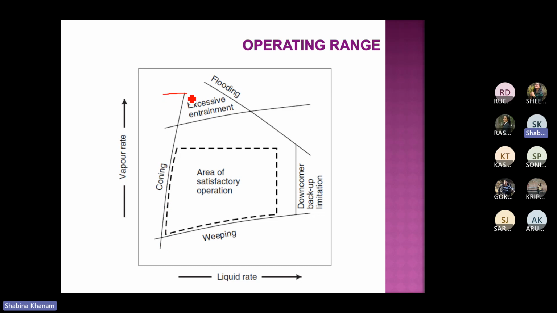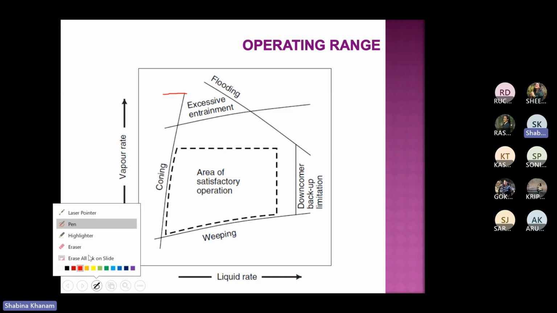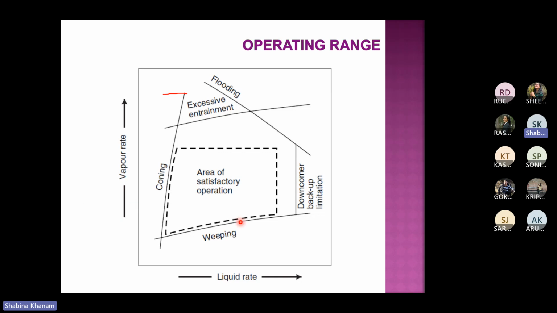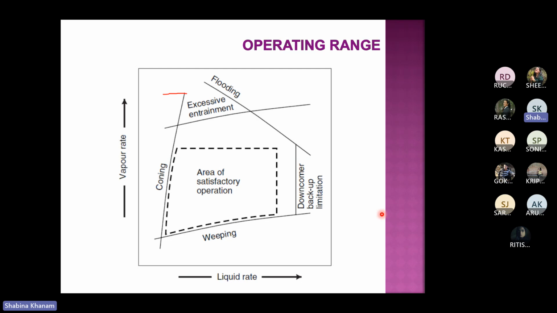Only this much, so that liquid rate should be less. If liquid rate is less and vapor flow rate is higher, we can have the coning condition, but we do not check it because before that we have already checked the flooding condition, so coning is difficult to occur.